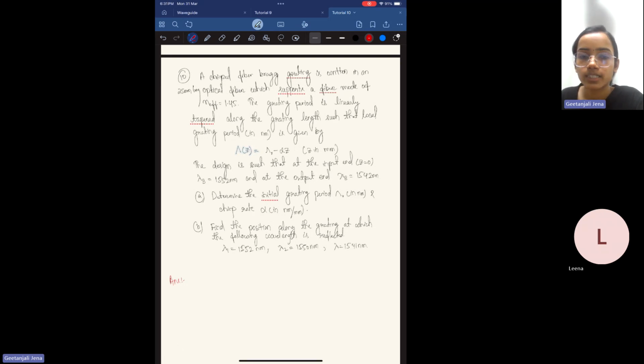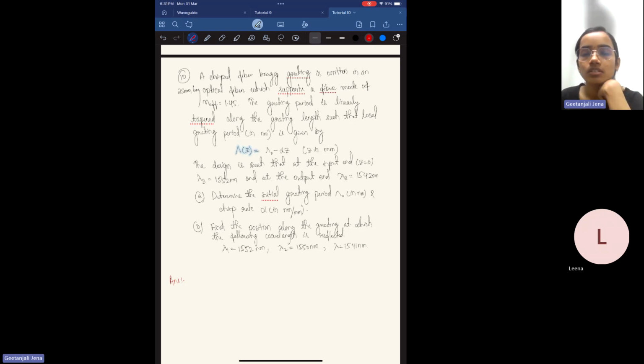Question number 10 is based on the chirped fiber Bragg grating. Why do we need a chirped fiber Bragg grating? We'll see that this fiber Bragg grating is needed to compensate the dispersion. We've seen there are two types of dispersion, normal dispersion and anomalous dispersion.